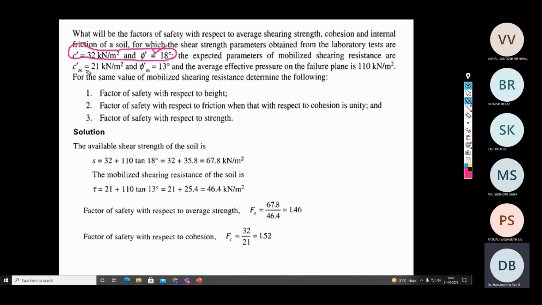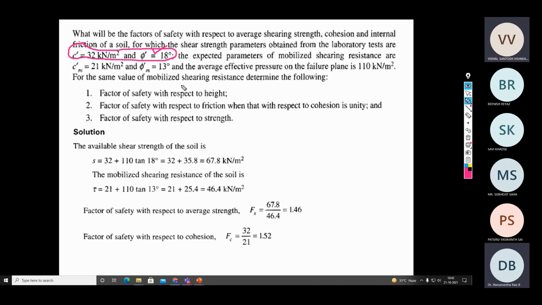But can I calculate in the laboratory c dash m and phi dash m? No, sir. But can I understand or calculate approximately at what value of c dash m and phi dash m the slope failure triggers?